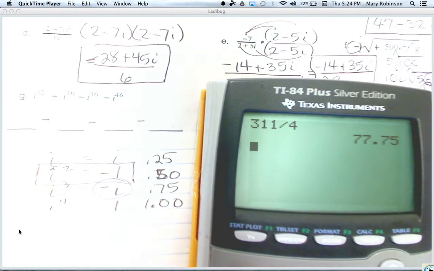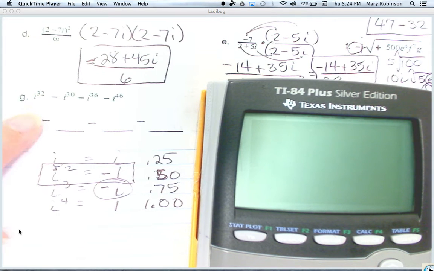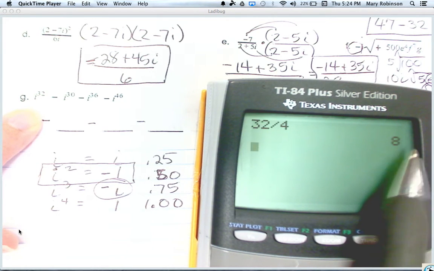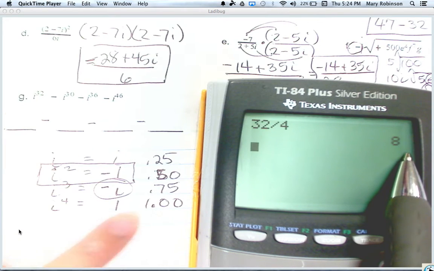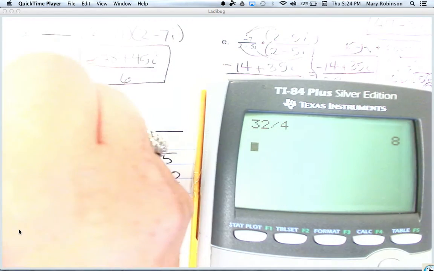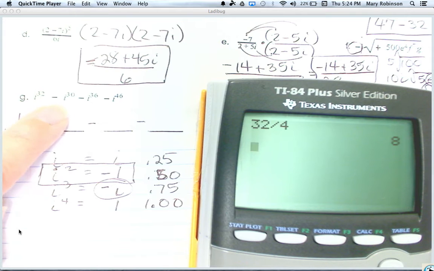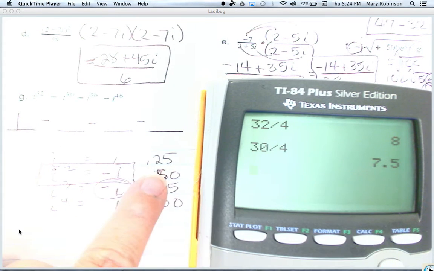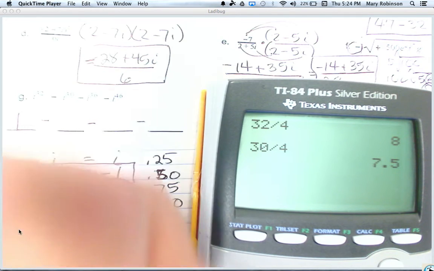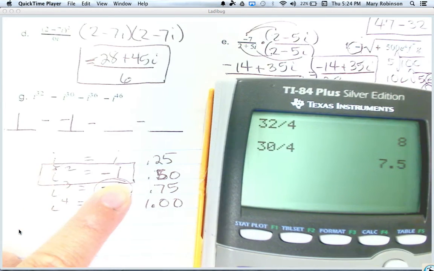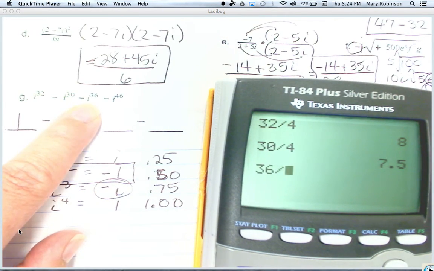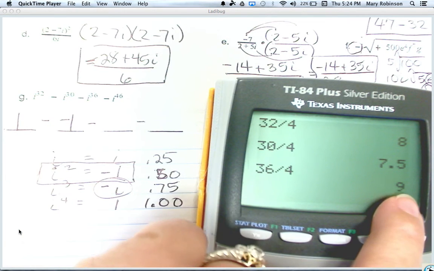So when we do 32 divided by 4, it divides evenly. So think about that as your whole dollar. So that equates to 1. 30 divided by 4 ends in 0.5, which equates to negative 1. 36 divided by 4 divides evenly.